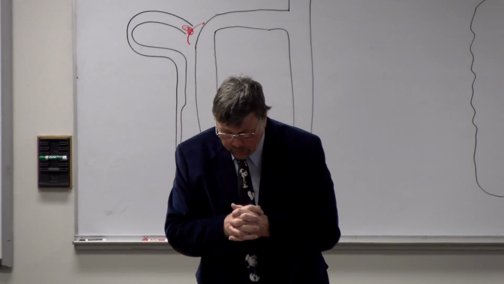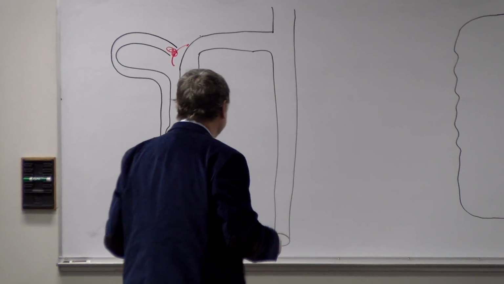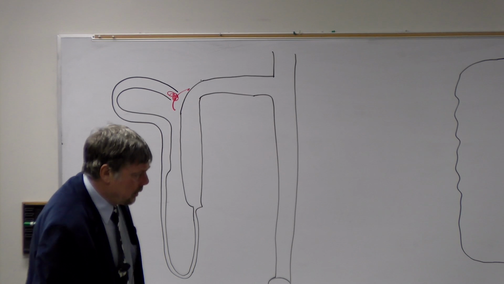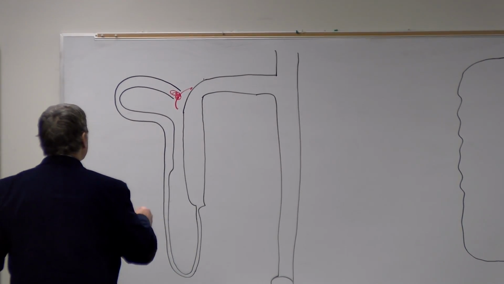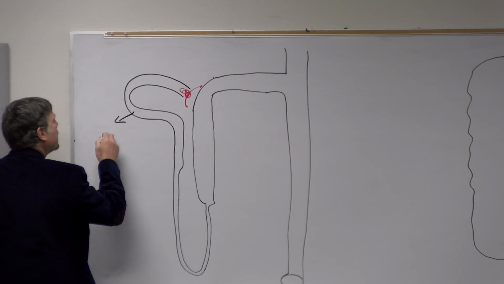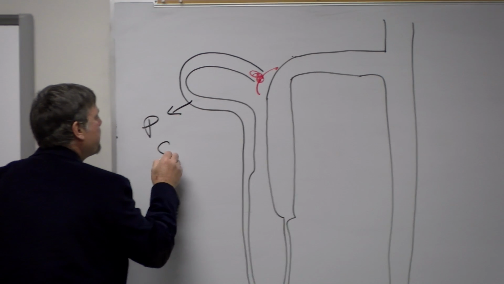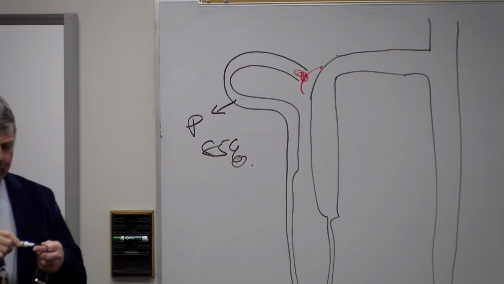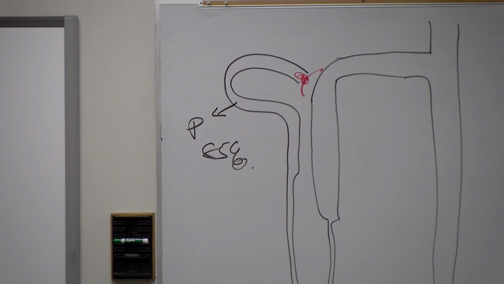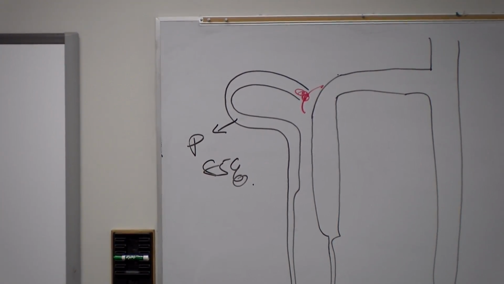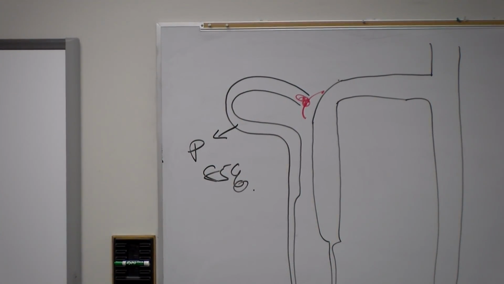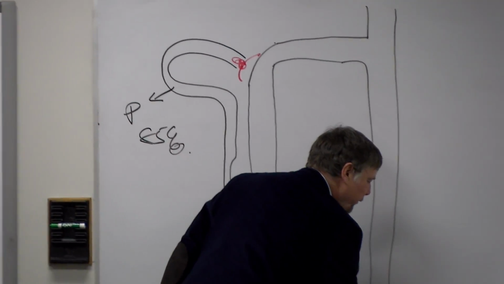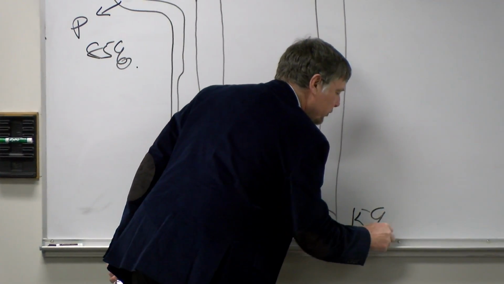So let's start with phosphate. About 85% of phosphate is reabsorbed in the proximal tubule. And in most circumstances, somewhere around 15% is excreted.